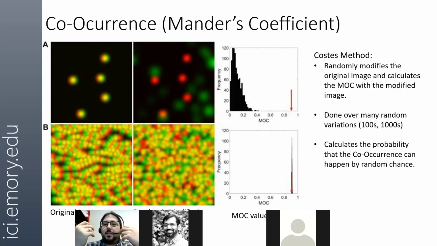And the conclusion we can draw from that rather is that for the example A, it is very unlikely that our calculation and our coefficient is the result of just random chance. So it's like, for a p-value of 5%, our MOC is accurate in the case of A. In the case of B, however, we have the same coefficient calculated.